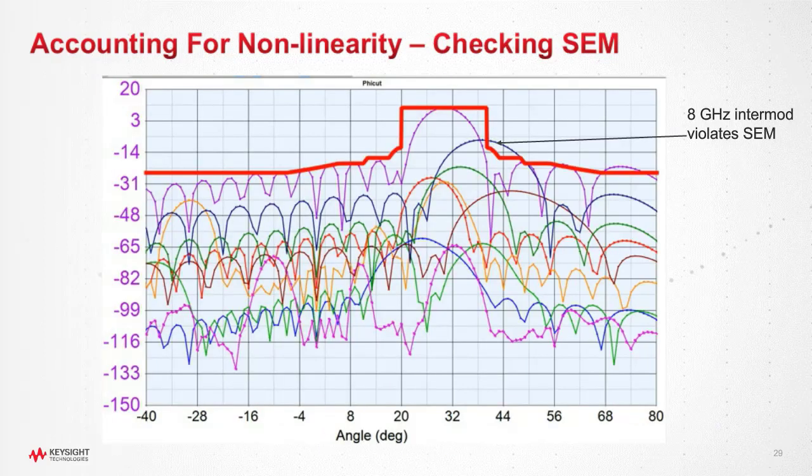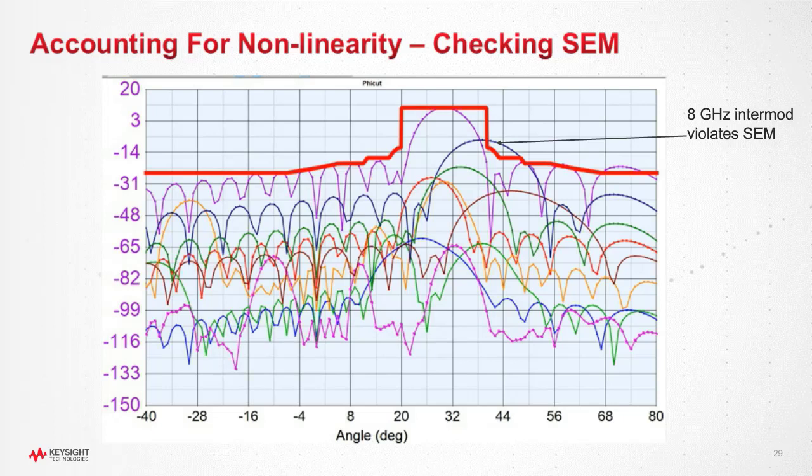Another useful graph that we can plot is a phi cut plot. What we mean by that is that we are cutting the 3D graph at a specific angle, and plotting each one of those frequencies that we have seen in the 3D plot.